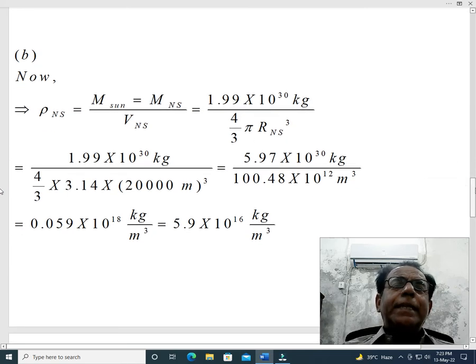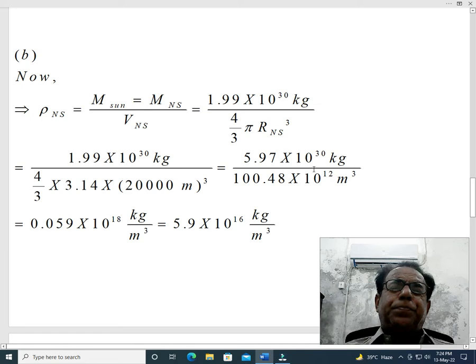In the next step again we have used the value of pi equal to 3.14 and the radius r ns, which is given in the statement, which was 20 kilometer, and we are here concerned with meter, so we have converted 20 kilometer into 20,000 meter. In the next step we have just simplified this calculation.